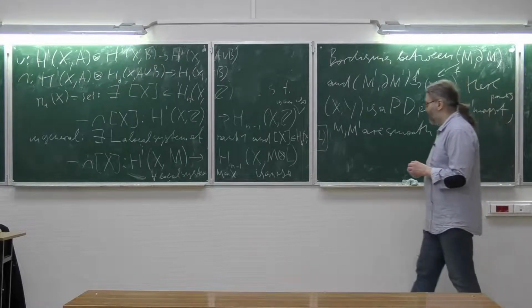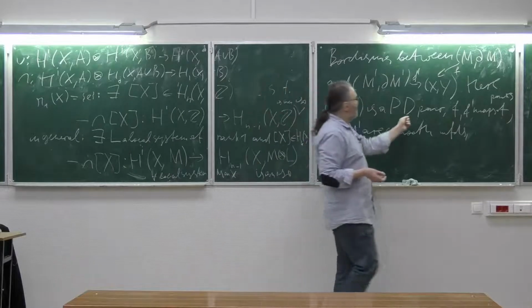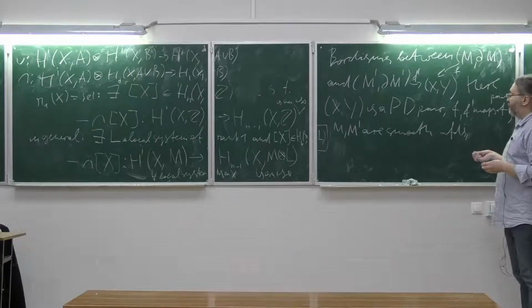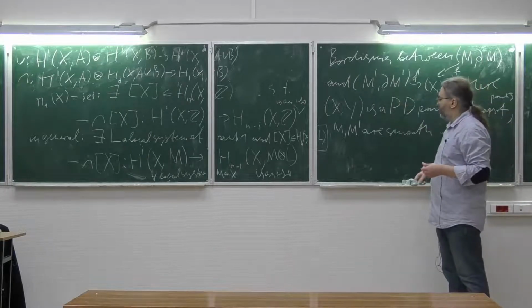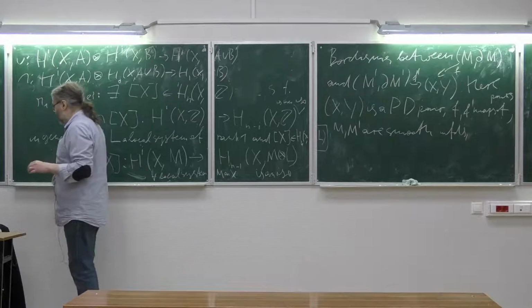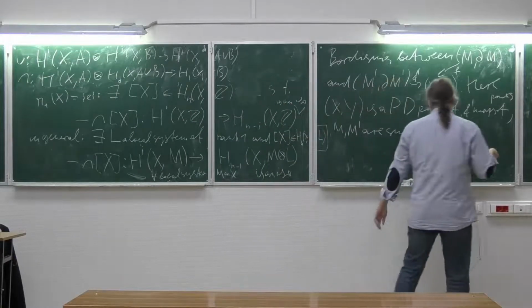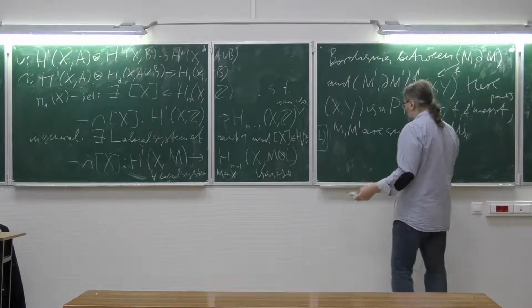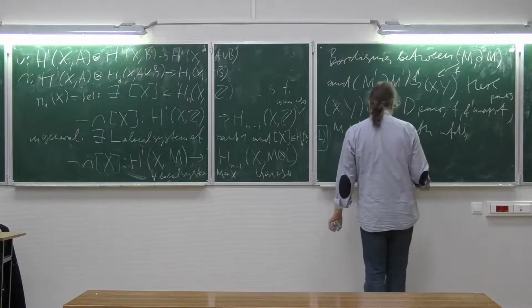Well, since we have an extra manifold, a bordism between something which is not a closed manifold but a manifold with boundary, let's just specify what happens on the boundary.